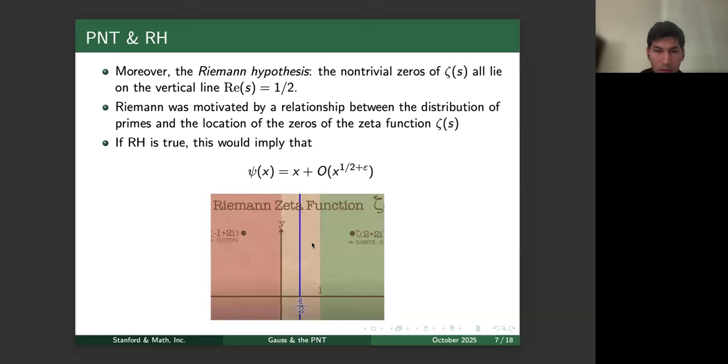So in particular, if there are zeros whose real part is bigger than 1/2, there are going to be ones that are less than 1/2, and vice versa. And the Riemann hypothesis is the statement that all the zeros should lie on this line of symmetry, so that the zeta function embodies a lot of intrinsic symmetry, which is motivating a lot of work in number theory and probably also other areas which have been generalized since then.